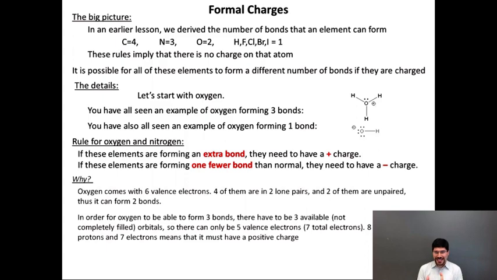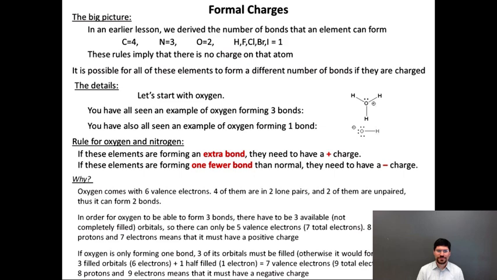Now, to use this next analysis, we need to add in the 1s electrons, the core electrons. So oxygen with a positive charge has 5 valence electrons, the 2 core electrons, for 7 total electrons. Oxygen has 8 protons. That's what it means to be oxygen, to have atomic number 8, but only 7 electrons around it. Therefore, it must have a positive charge.